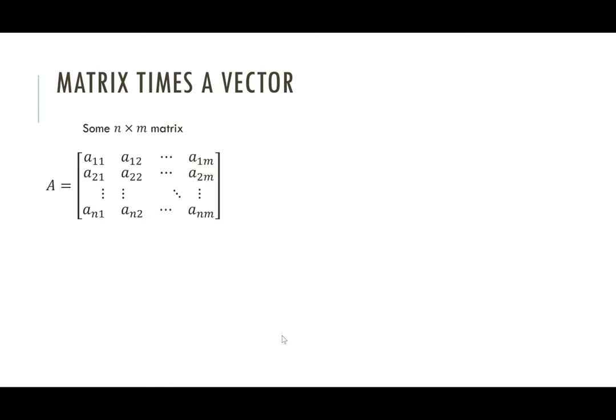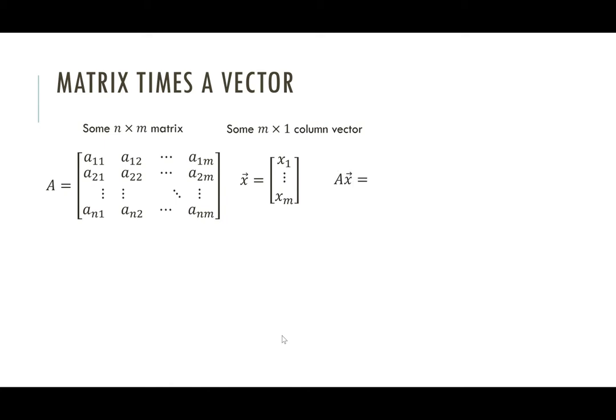So now let's take some n by n matrix and we'll just write it in general. We'll take some m by 1 column vector. Again, same matrix, same vector. We're just no longer thinking of the matrix in terms of its rows. We're just thinking about it in general.